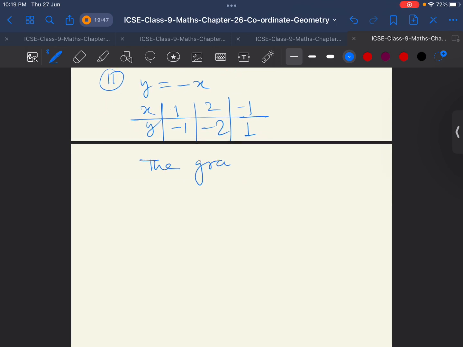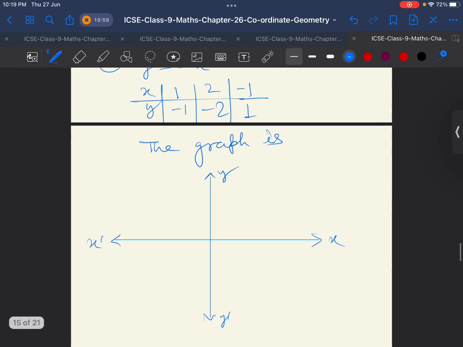So the graph is: x, and this is x dash, y, and this is y dash. 1, 2, 3.